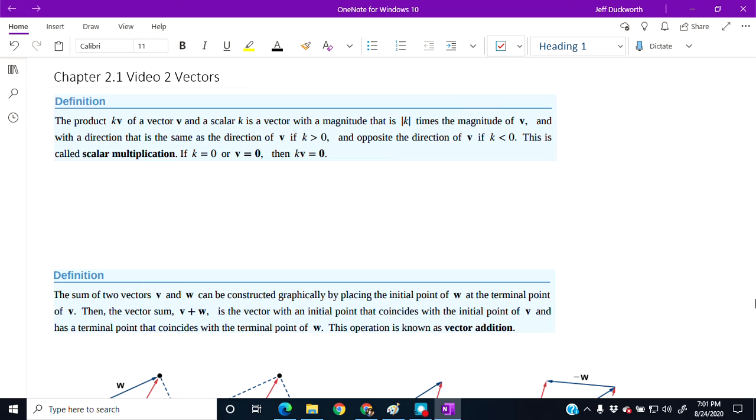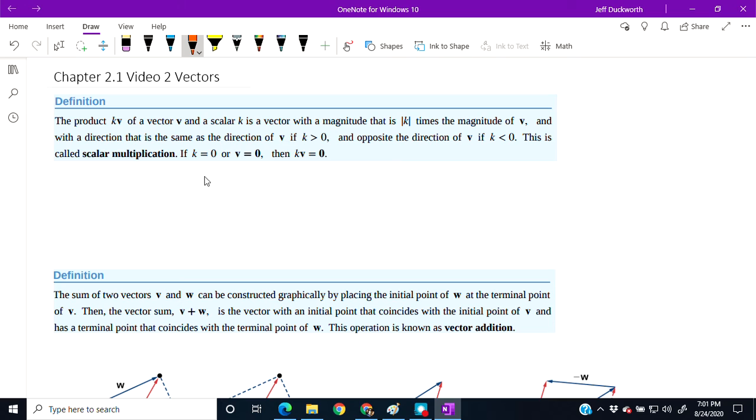length was. The only other thing to note here is if we have a negative value for our scalar, it's just going to flip the vector in the opposite direction. So, for example here, say this is v.